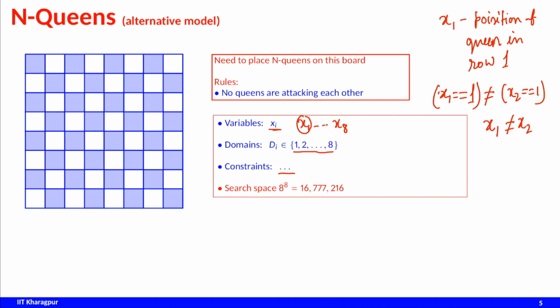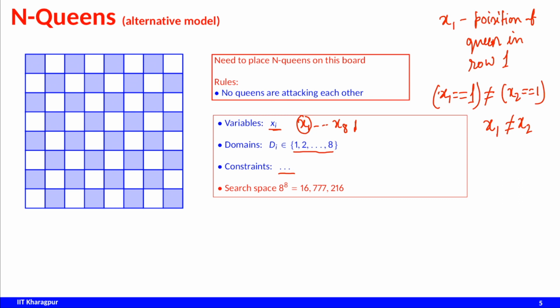Using this set of variables, you have to specify that there is no more than one queen in each row, and that is being ensured by these variables, because we have only one variable for each row.